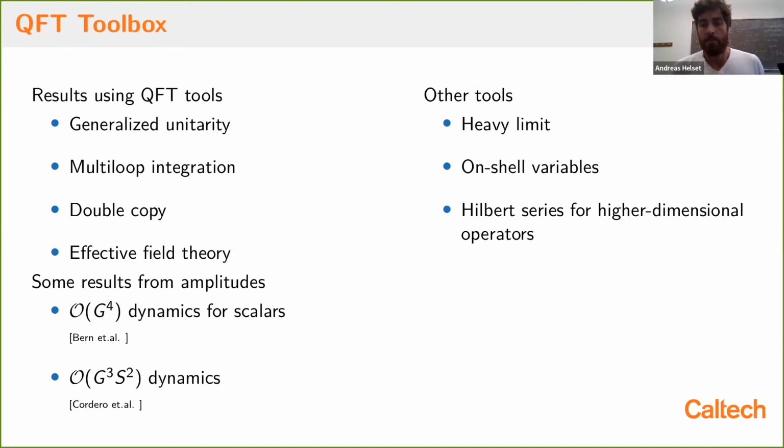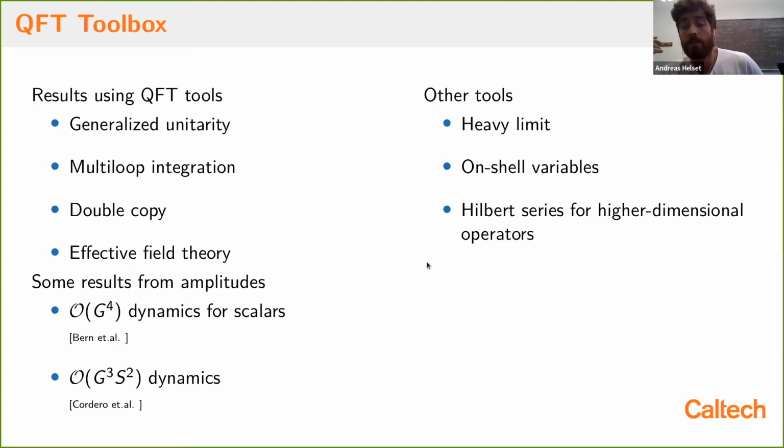When there's this hierarchy of scales, it's useful to exploit it and take the heavy limit. Another tool which can be applied is to use on-shell variables to simplify calculations and directly go to the object of interest, namely the amplitudes. And then maybe if I have time at the end, we'll see.